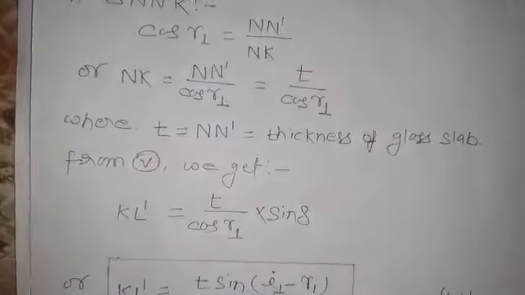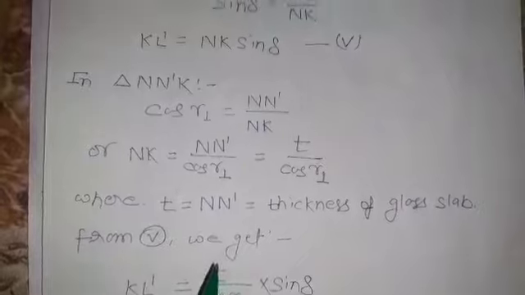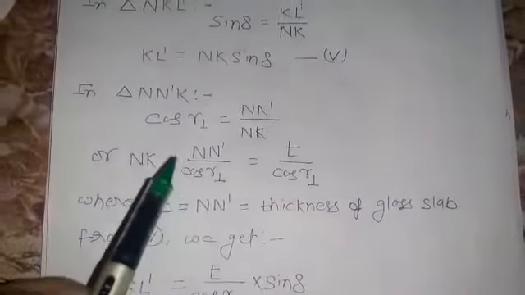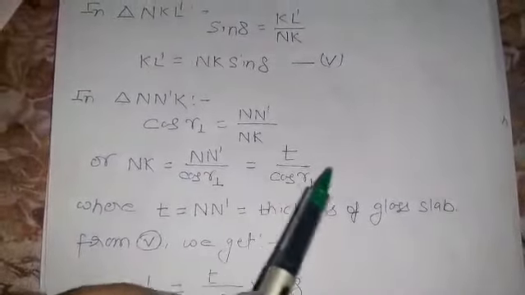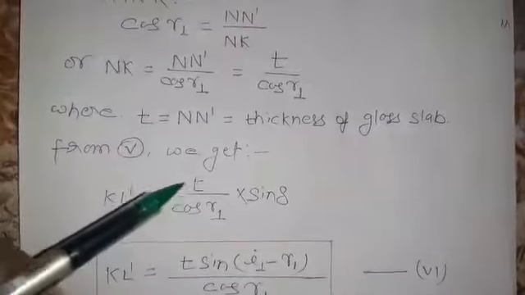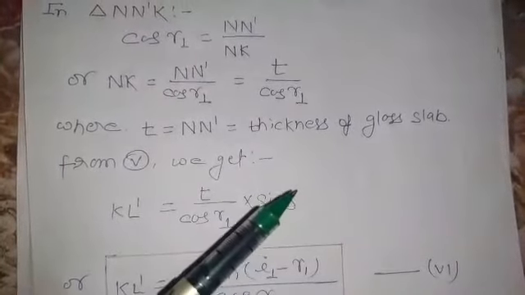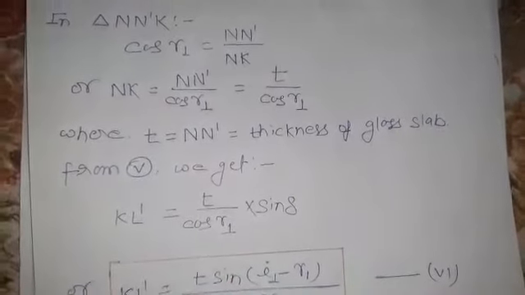Now from equation number 5, we have KL dash equals NK sine delta. So put the value of NK equals T upon cos R1 in equation number 5. So KL dash equals T upon cos R1 into sine delta. This angle delta can be written as I1 minus R1.